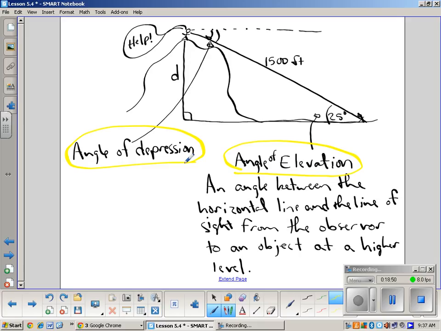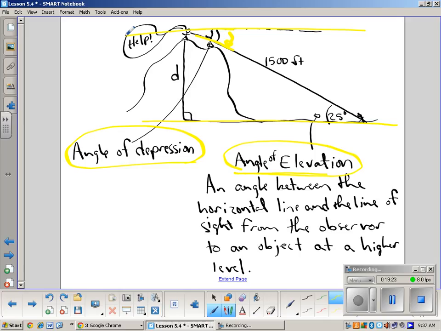If you're looking up, it's angle of elevation. Megan down here looking up sees an angle of elevation. Looking down, Alexis sees an angle of depression. Because these lines are both horizontal, the angle of depression and the angle of elevation will always be equal.